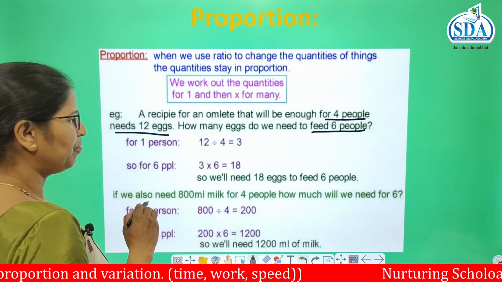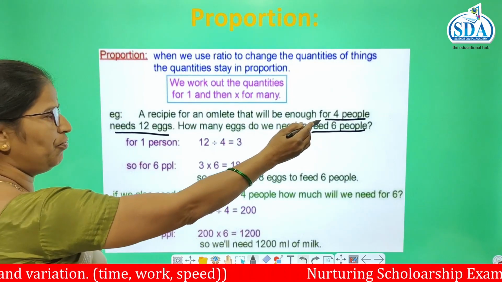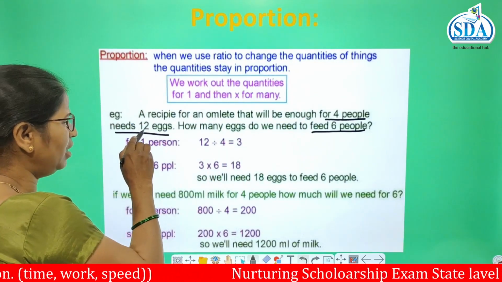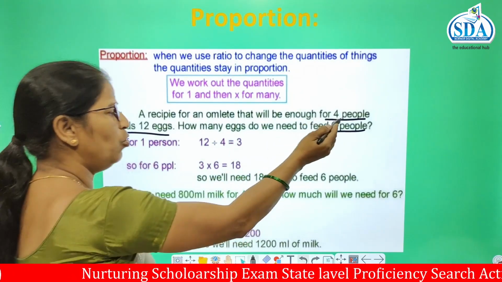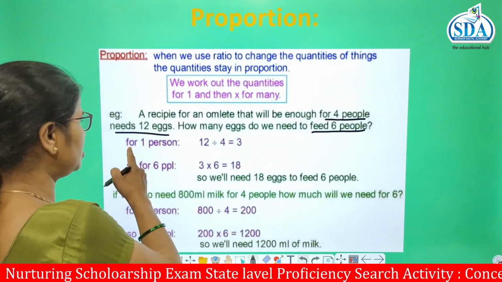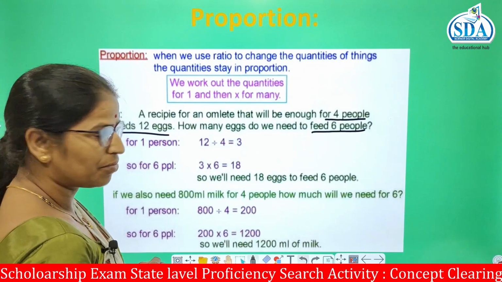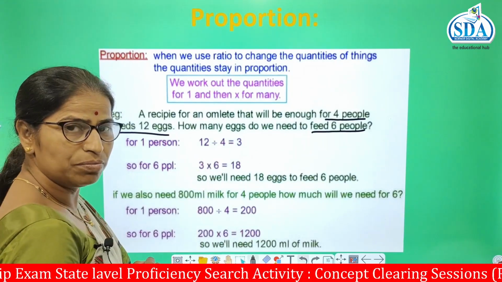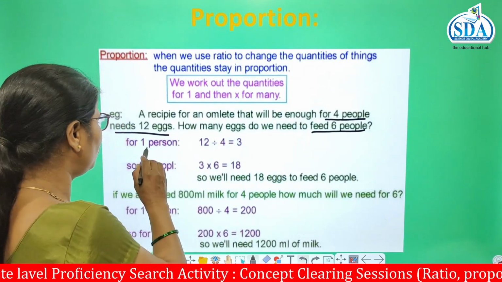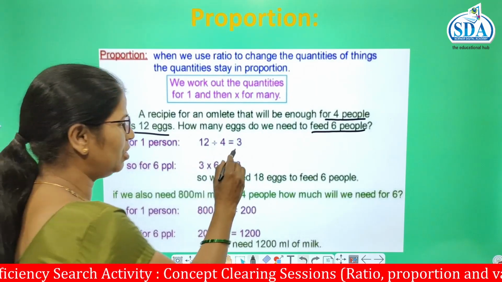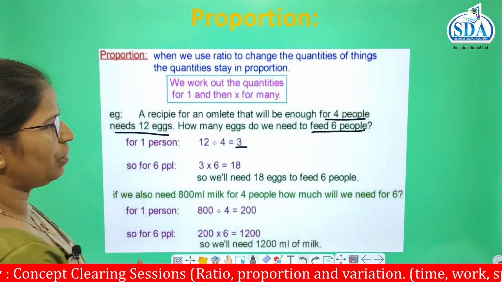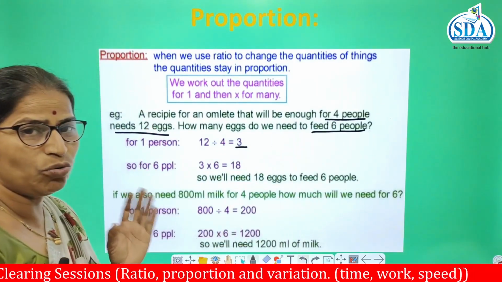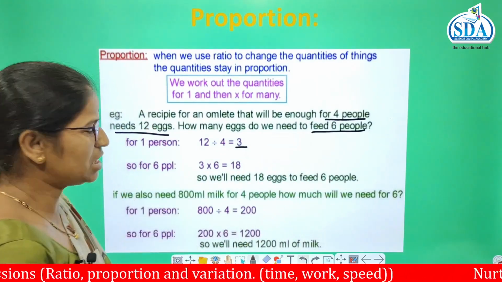See here, if we require 12 eggs for making the omelette of 4 people, then we can find for 1 person by dividing 12 by 4. So for 1 person, there is a need of 3 eggs to make an omelette. Now what we have to find? We have to make the omelette for 6 people.